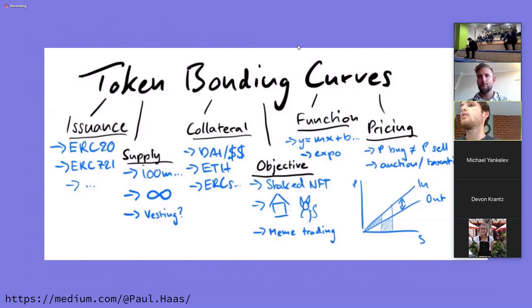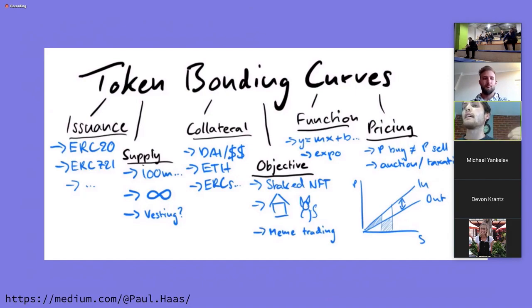Pricing: you don't have to have the same curve for selling and buying. If you buy into a bonding curve at a certain price and decide that the price that you want to sell out at is, say, 10% lower, what that essentially does is create a sort of taxation.